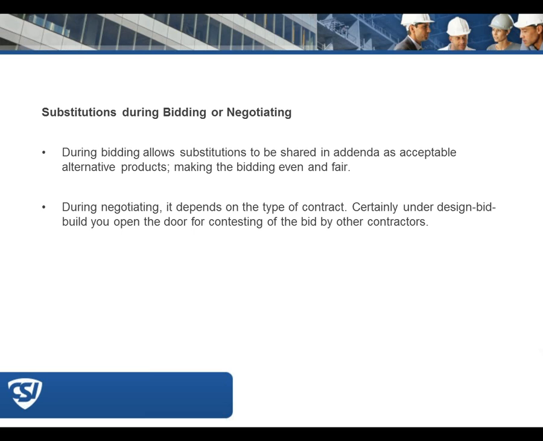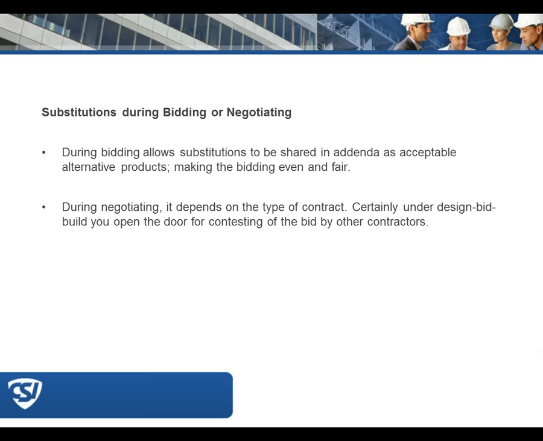During negotiation here in North Carolina, they do permit you to negotiate with the apparent low bidder if his bid exceeds the project budget amount, to see if you can get it down to where it's acceptable, where they can award the contract. Now, during that phase on a design bid build project, it would probably be the only time that I would consider looking at substitutions.